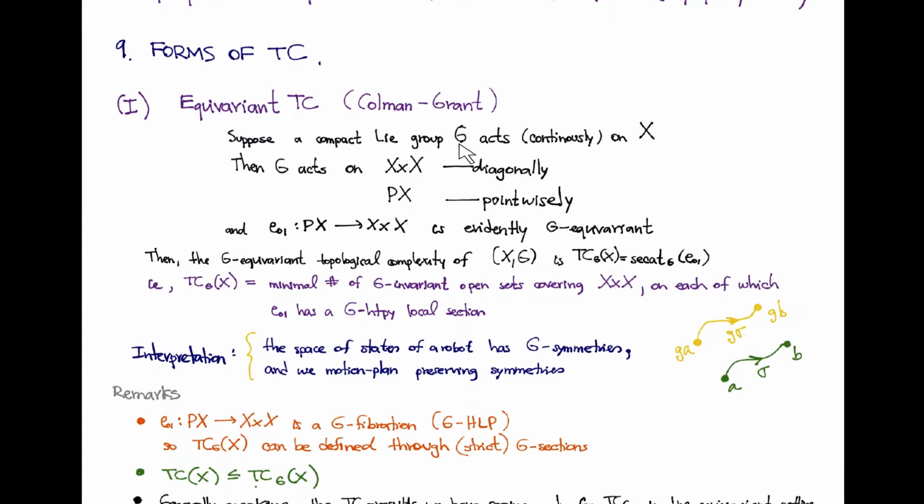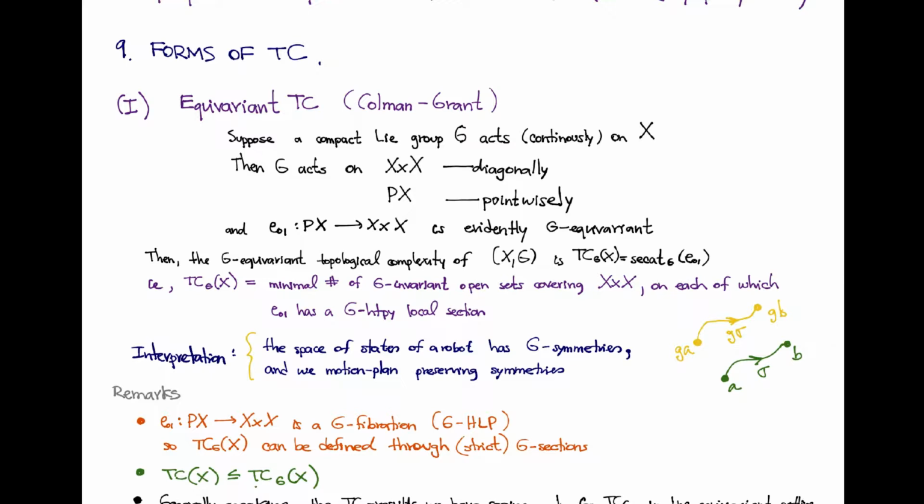Suppose you have such a group acting on X, on a space continuously, and notice that this evaluation map is equivariant. You can have G acting diagonally here or pointwise here, and this map is evidently G-equivariant.